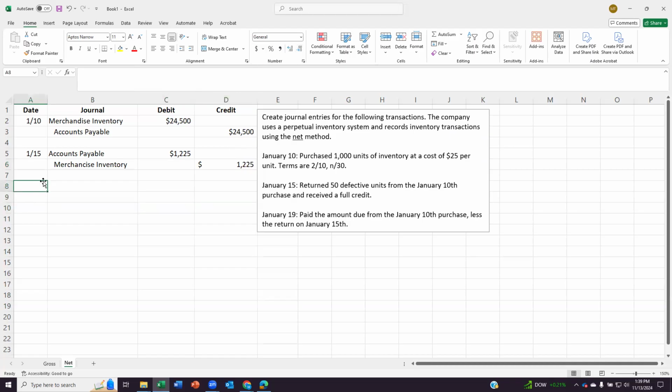Then on the 19th, when I go ahead and pay for it, I've already recorded everything at the discount. So I'm going to go ahead and record the accounts payable, which is going to be, we had a credit balance of 24,500, and then we debited the account 12,225.